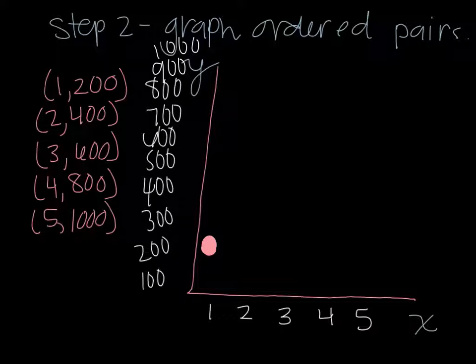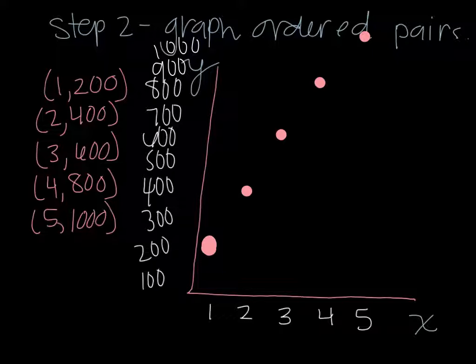2, 400, right there. At 3 minutes, we went up to 600 pancakes. Close enough. At 4 minutes, we're at 800 pancakes. And at 5 minutes, we are at 1,000 pancakes.